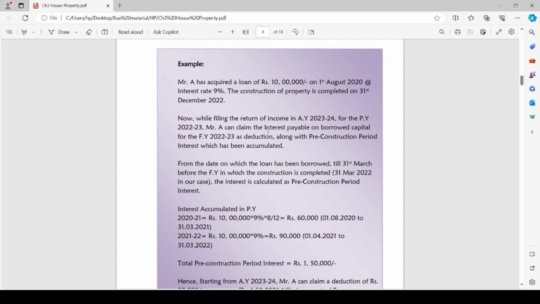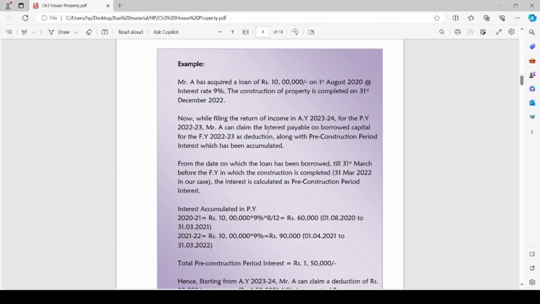Now, while filing the return of income in the assessment year 2023-24 for the previous year 2022-23, Mr. A can claim the interest payable on borrowed capital for the financial year 2022-23 as deduction, along with the pre-construction period interest which has been accumulated. That means the interest which is payable by A for the financial year 22-23 can be claimed as deduction.